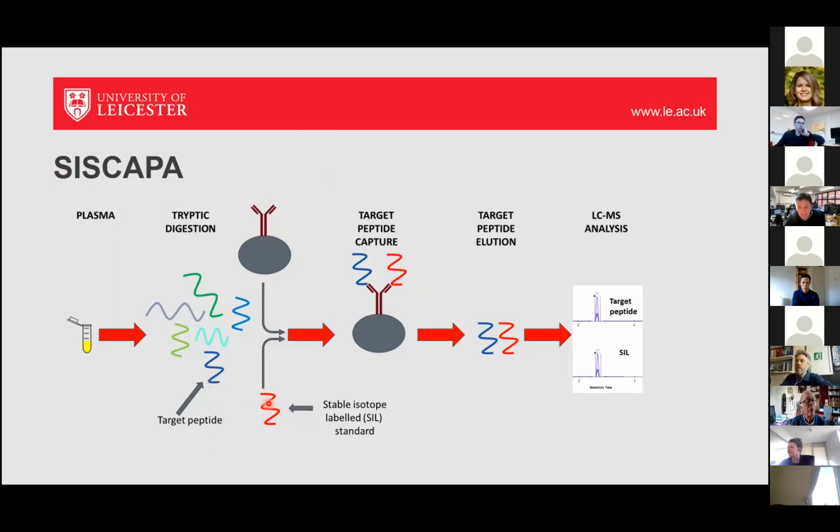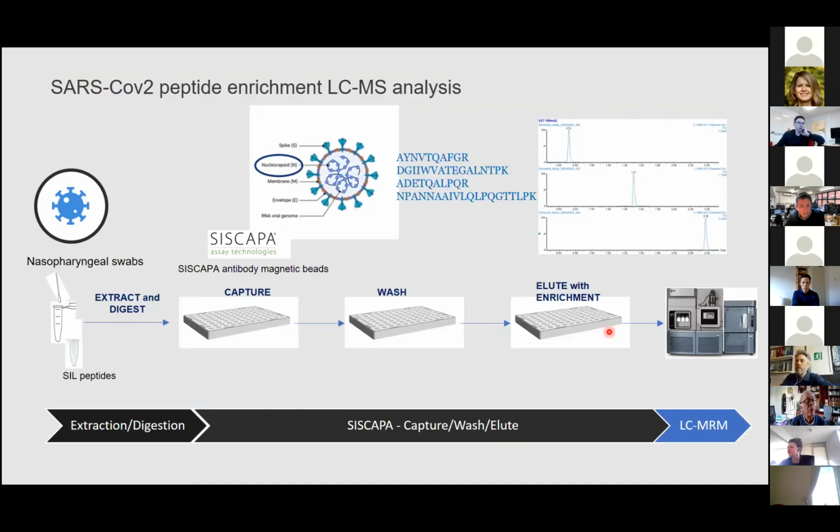You also add in at the same time a stable isotope labeled standard, and the antibody will pick up both analyte and internal standard. And by doing that, when you elute it off and analyze it on the mass spec, you're able to get a nice quantitative result. And it cleans up the sample really well.